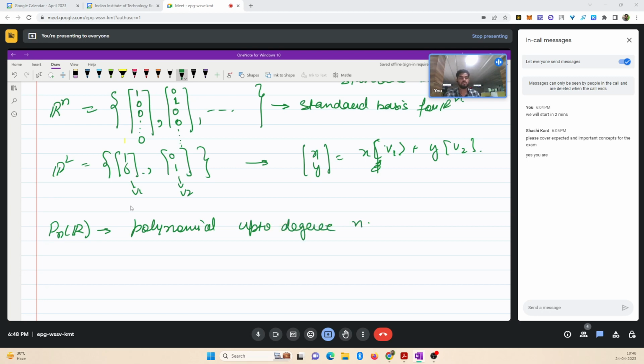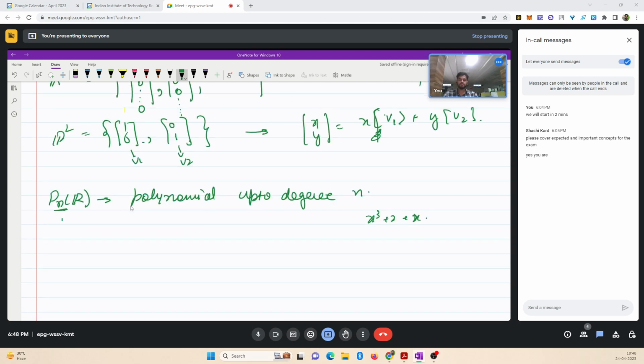You know what a polynomial looks like, right? x cubed plus 2 plus x, let's say. So P_n(R) is a vector space having polynomials up to degree n. You can have polynomials starting from degree 0 up to degree n in that particular set.